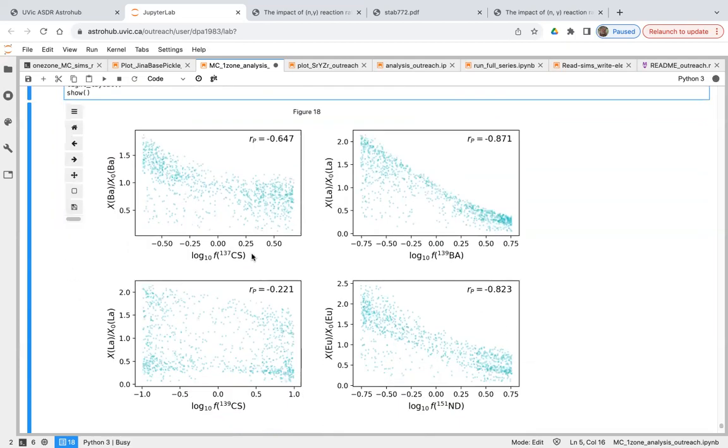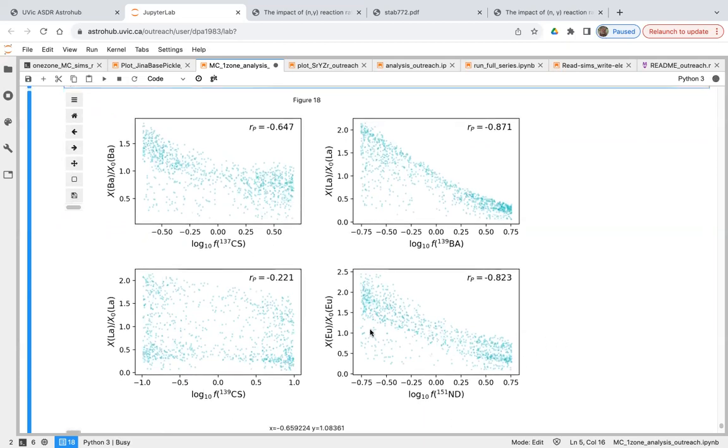Okay, so for lanthanum, as you can see here, top right, the strongest anticorrelation exists with barium-139 and gamma. For barium, there is some anticorrelation with cesium-137.